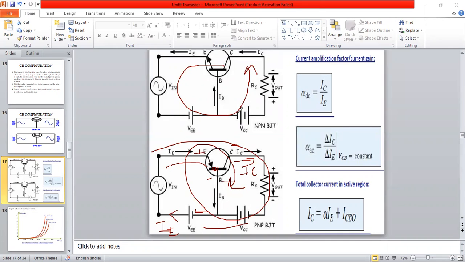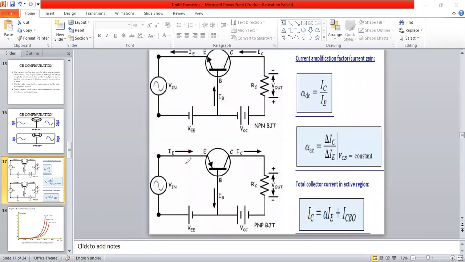So here, the previous equation and this one, what do we have? See here, IE, IC and IB. I will consider this as a junction or point. IE is coming towards the junction, IB and IC are going away from the junction. What is the formula for the current equation? IE equals IB plus IC.